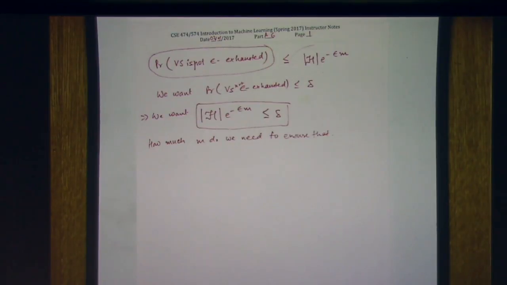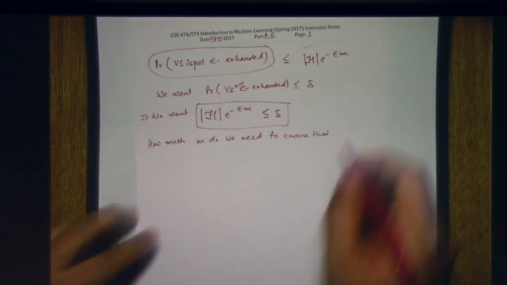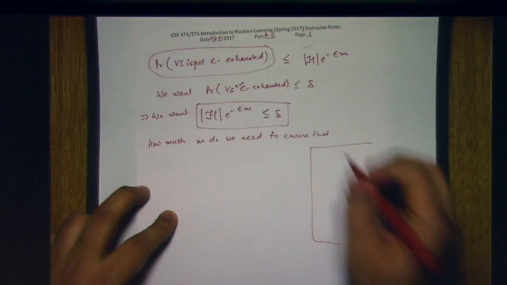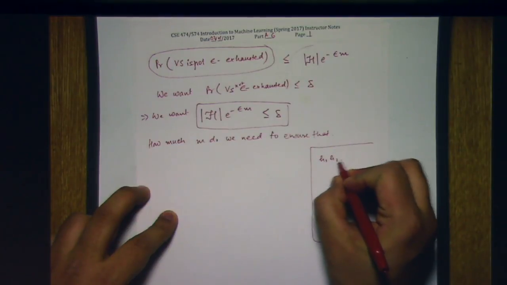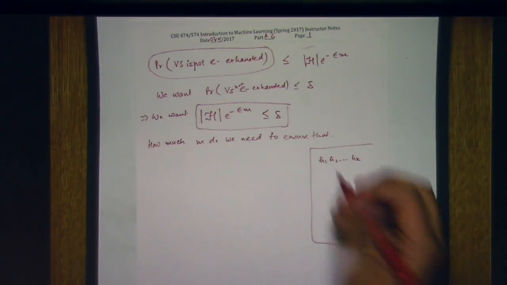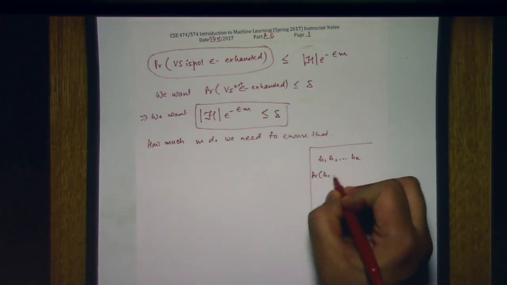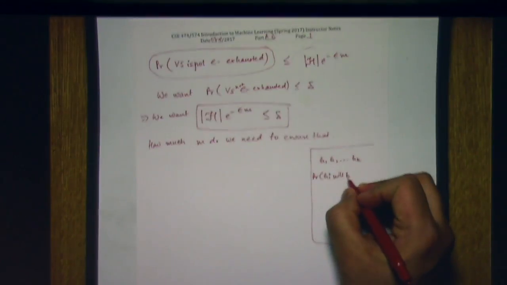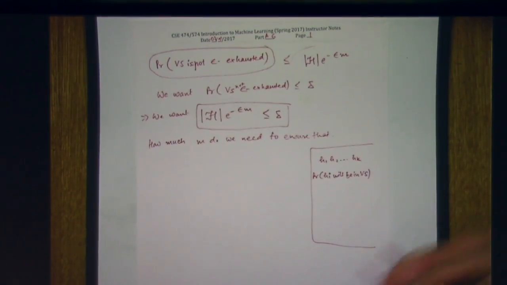Right. So what we did last time, just a recap, was we said let's assume there are k hypotheses that are bad, right? And we said, what is the probability that any h_i will be in the version space, right?